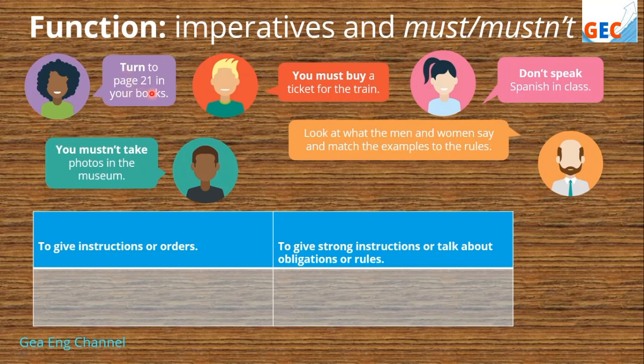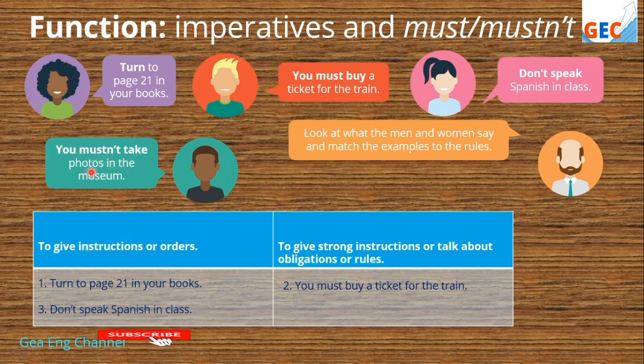Turn to page 21 in your books is giving instructions or orders. You must buy a ticket for the train. So this is to give strong instructions or talk about obligations or rules. Don't speak Spanish in class. This is also to give instructions or orders. You mustn't take photos in the museum.